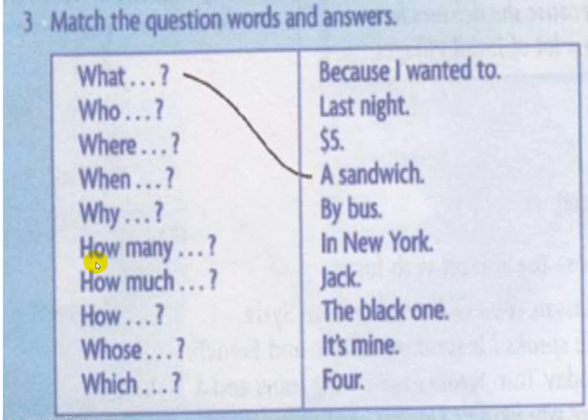How much? $5. How? By bus. Whose? It's mine. Which? The black one. So these are all WH words that are used in questions, and the correct answers of these questions.